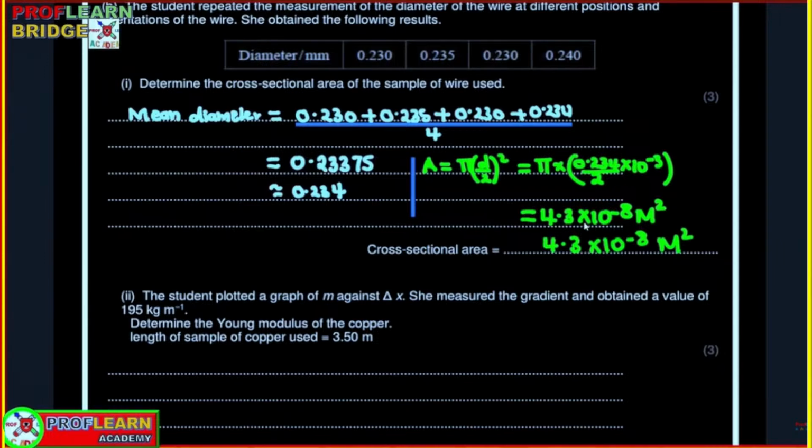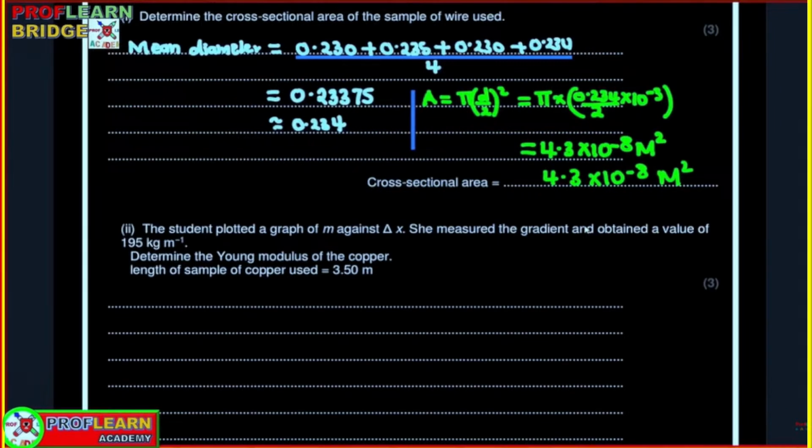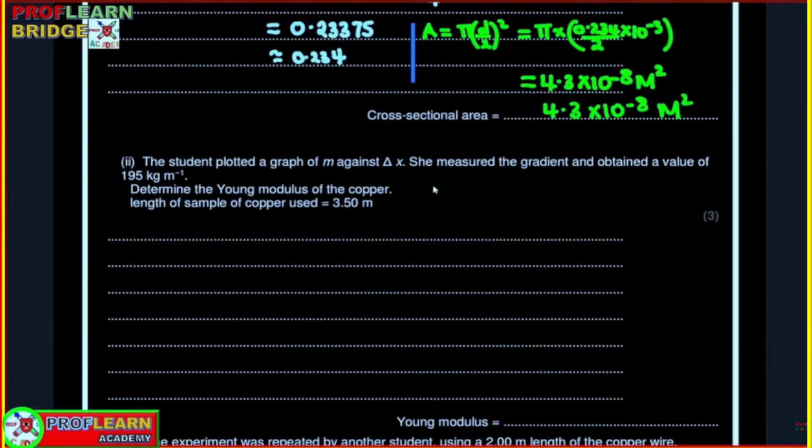You also need to remember that weight equals mass times gravity, so that we can convert that constant of proportionality to newtons per meter.